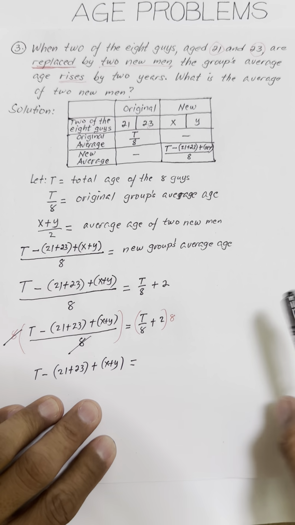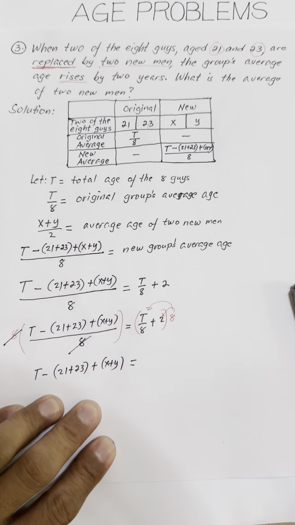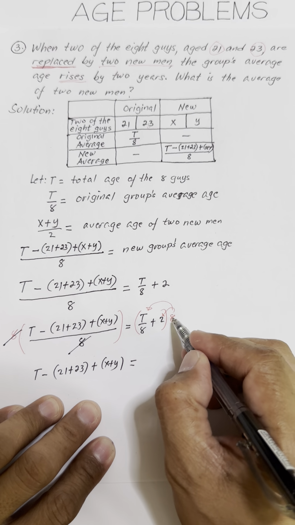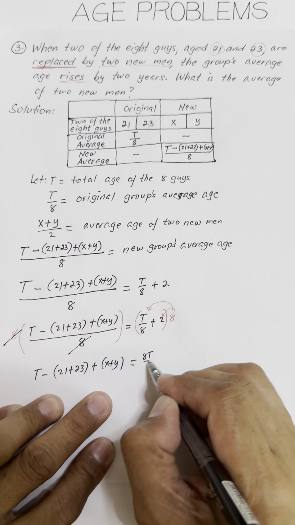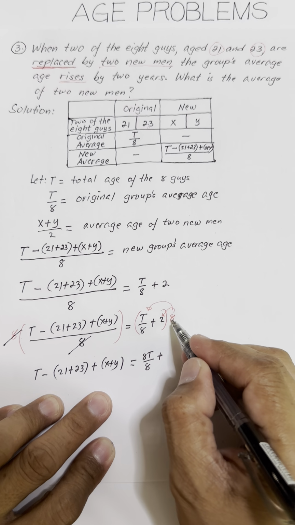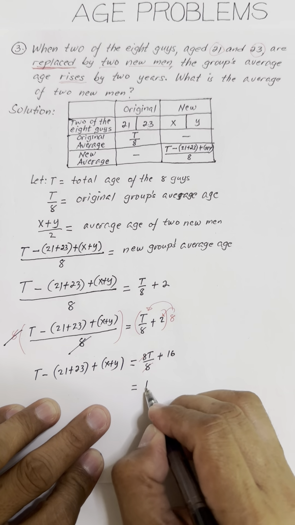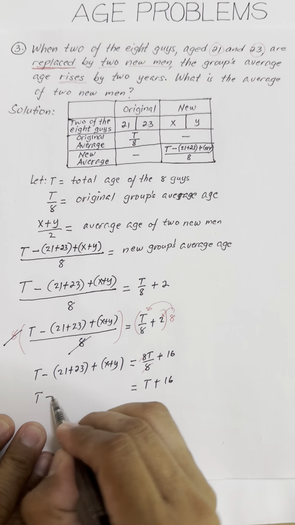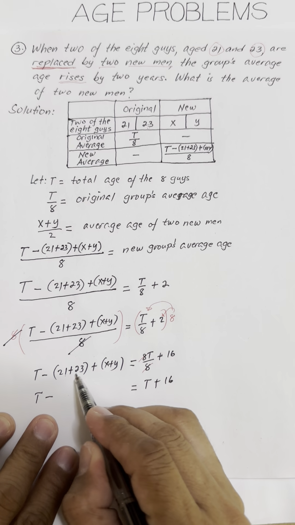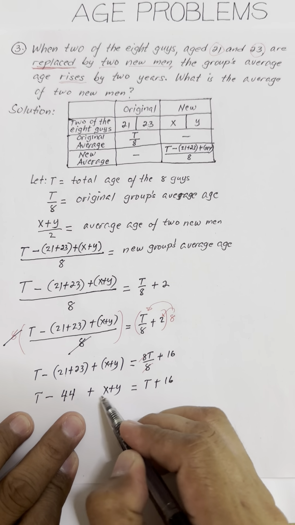On the right side, we apply the distributive property of multiplication: 8 times t over 8, plus 8 times 2, which is 16. 8 divided by 8 is 1, and times t is t. So on the right side we have t plus 16. On the left side we can simplify: 21 plus 23 is 44, then plus x plus y.